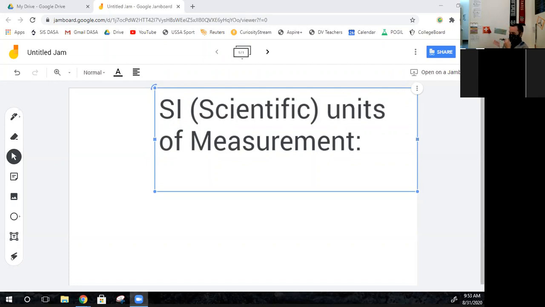So what do I mean when I say imperial measurement system? Davis, what do I mean by imperial measurement system? Well, what do I hate about measuring things? Using inches, yep, nailed it.